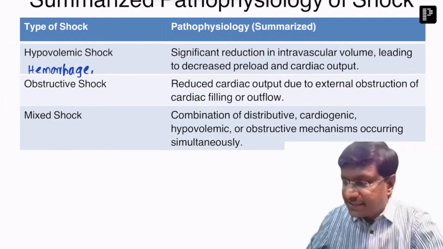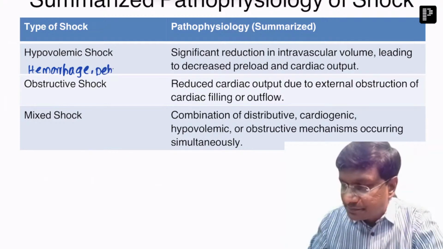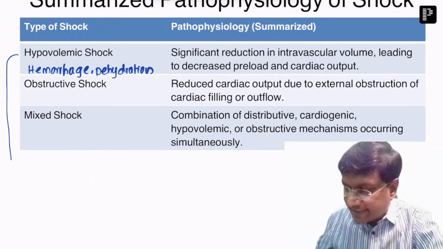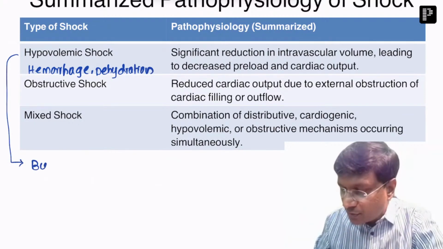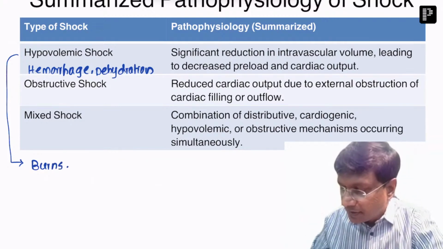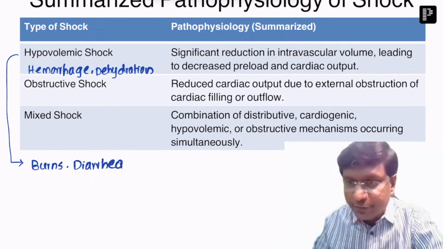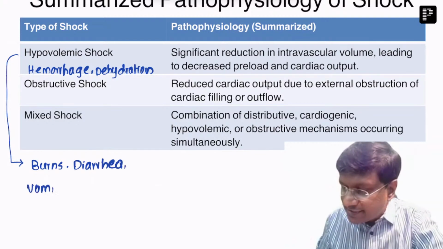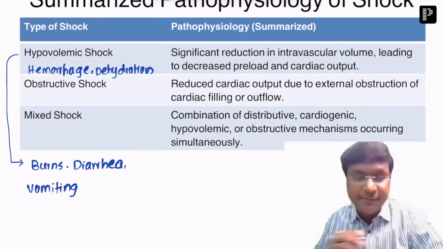Number two, severe dehydration. And the other etiologies for the hypovolemic shock include burns, then diarrhea is another cause, and even excessive vomiting. So these are the causes for the hypovolemic shock.